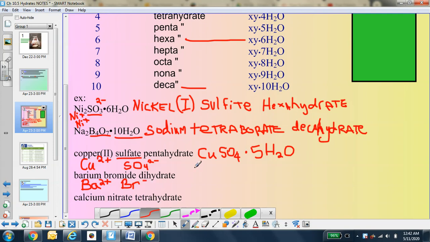We're going to need 2 of them. 1 barium, 2 bromines, so BaBr2, dihydrate. Again, if you need, just put a little underscore if you can't find the dot to insert, and then our 2 water molecules. You could write it like that if you wish. Give the next one a try.